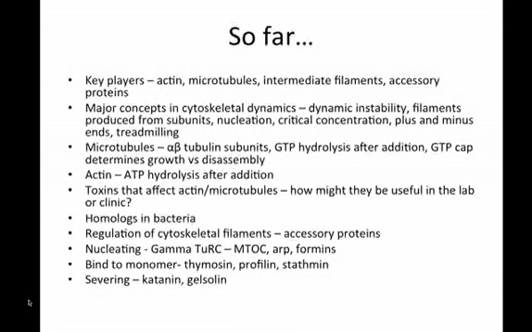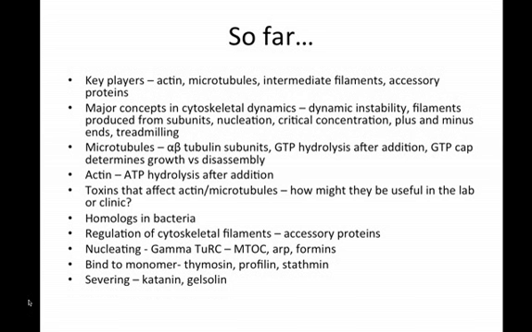Okay, so far this is what we've done. We've got our key players, actin, microtubules, and our intermediate filaments, and then all the accessory proteins which regulate them. We've gone through our major concepts of dynamic instability, the fact that filaments are produced from subunits, nucleation, critical concentration, the fact that there's polarity, plus and minus ends for actin and microtubules, and treadmilling.